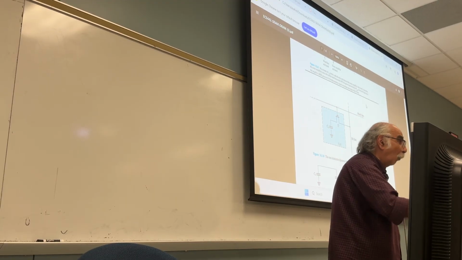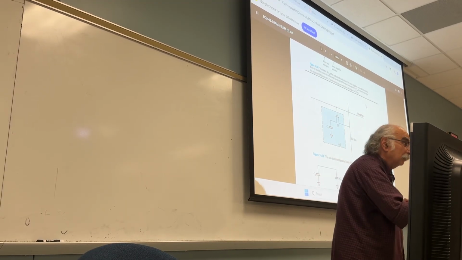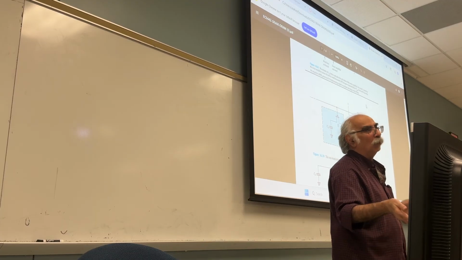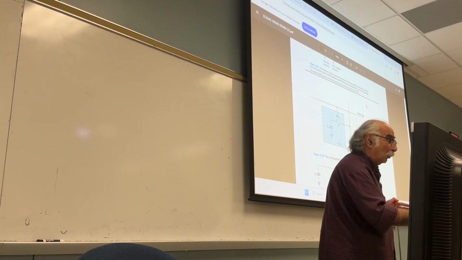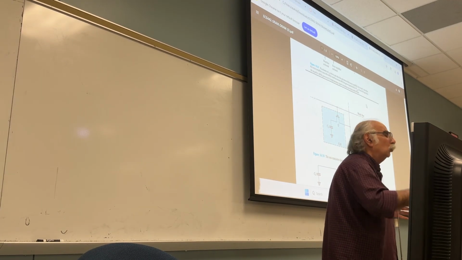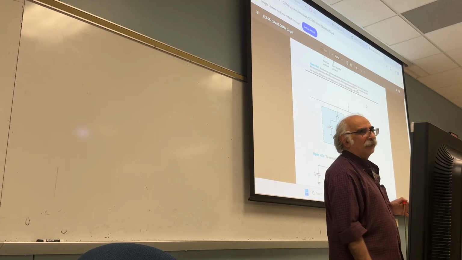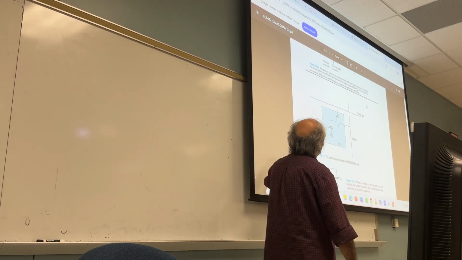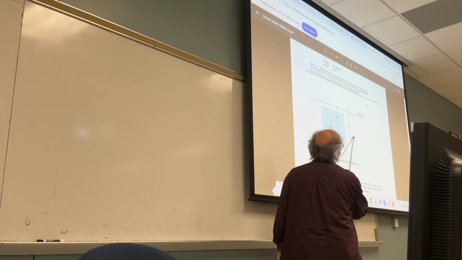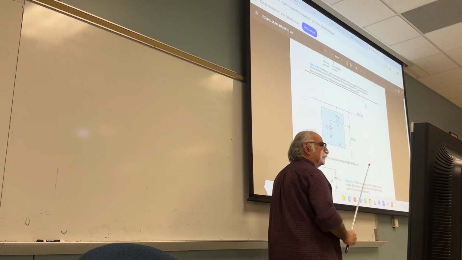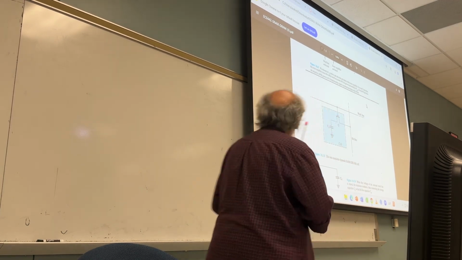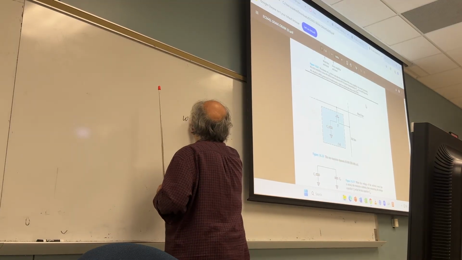So if there is a 1 and you write a 1, it means there will be no change. But if it is a 0 and you want to write a 1, you overwrite. Did you get it or not? Oh, good. So, bit line and word line. What are the steps? We are talking about the write operation.